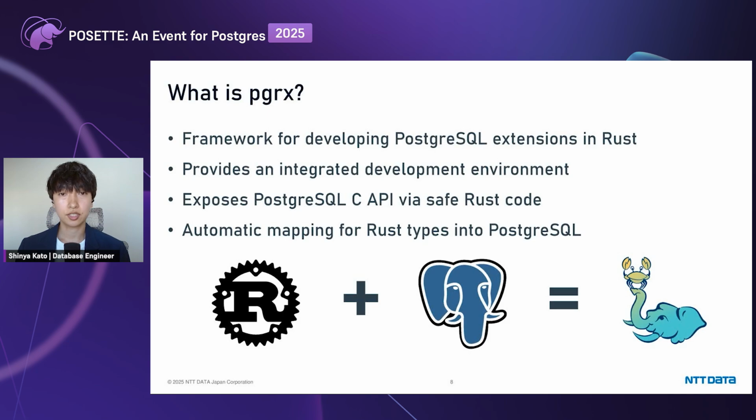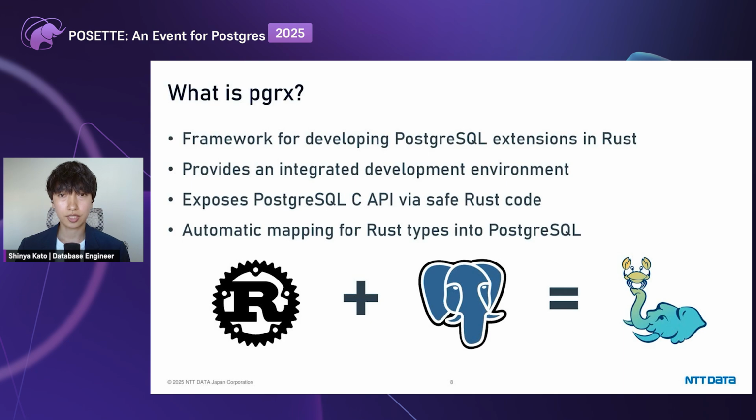First, pgrx provides an integrated development environment. Using this environment, you can easily implement Postgres extension features. Second, it safely exposes the Postgres C API to Rust. This allows you to securely call Postgres functions from your Rust implementation.